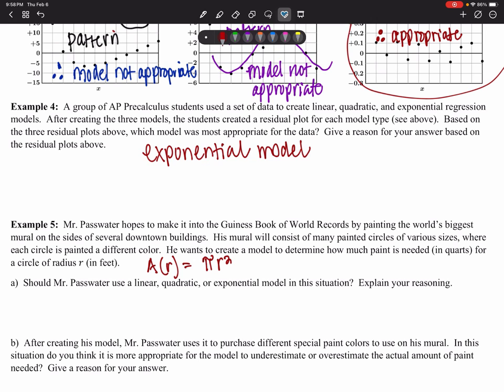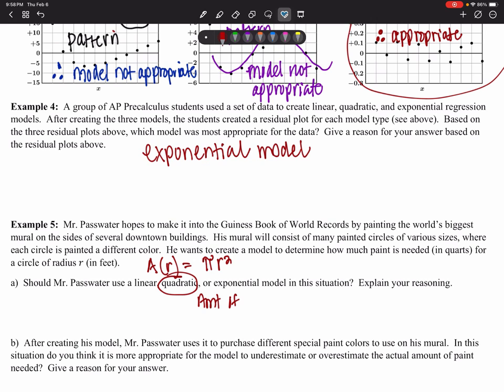That's how much paint you would need to fill in the circle. That is not linear. That is quadratic, because the amount of paint depends on the area of the circle, and the area of the circle is quadratic.